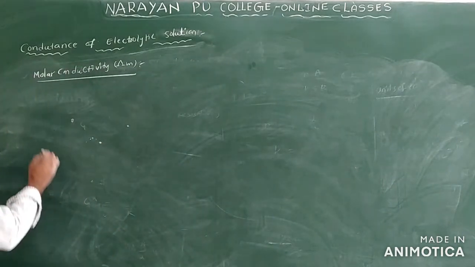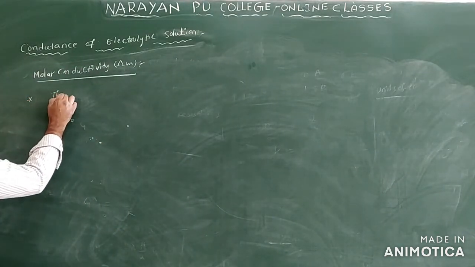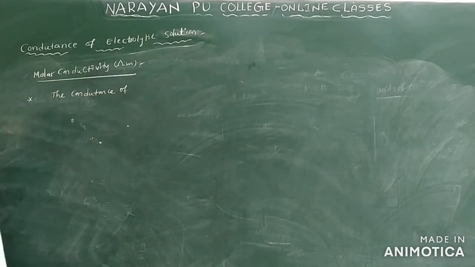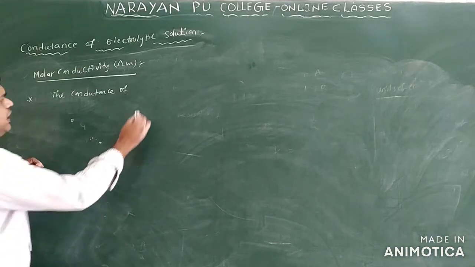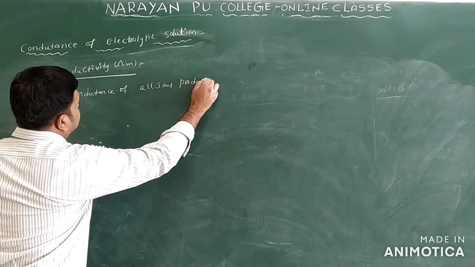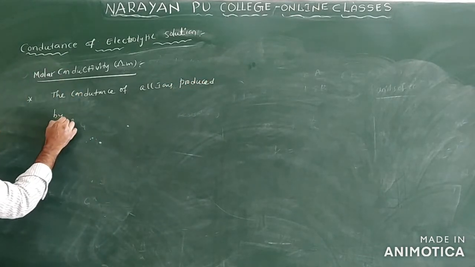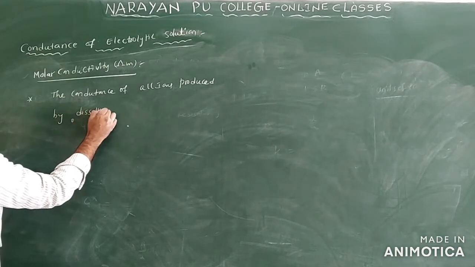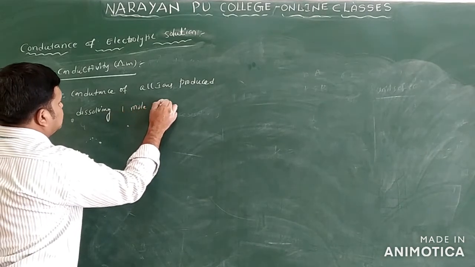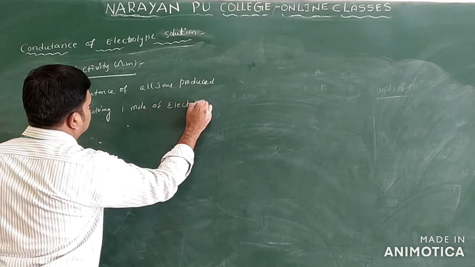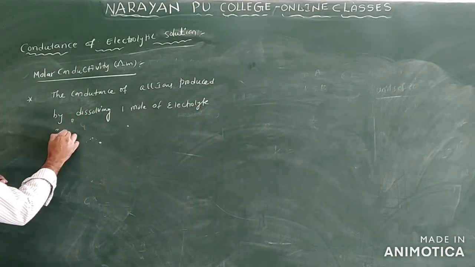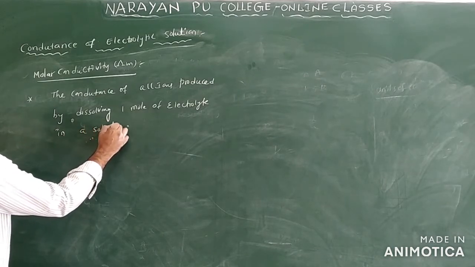So what is the definition you can write here? The conductance of all ions produced by dissolving 1 mole of electrolyte in a solution. 1 mole of electrolyte in a solution only.